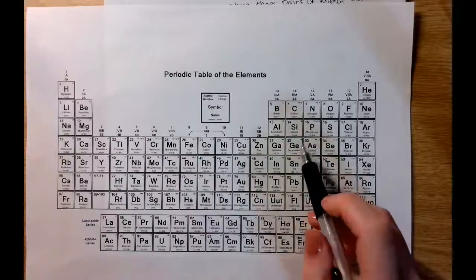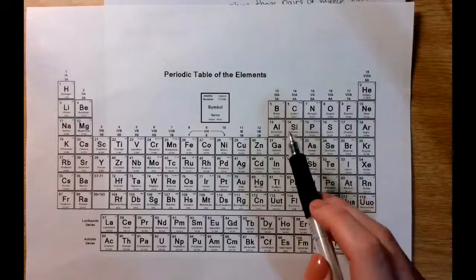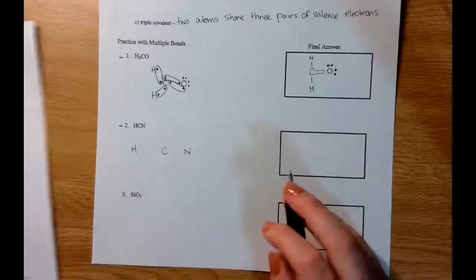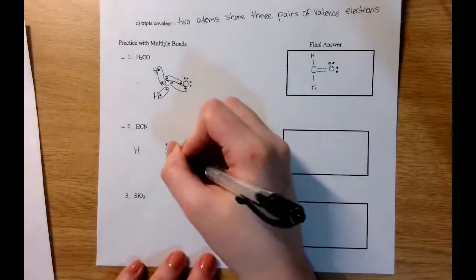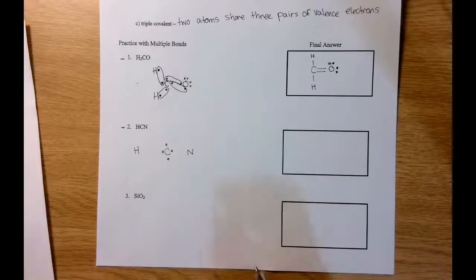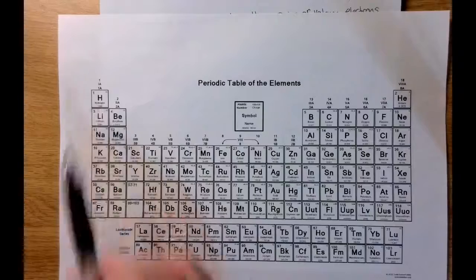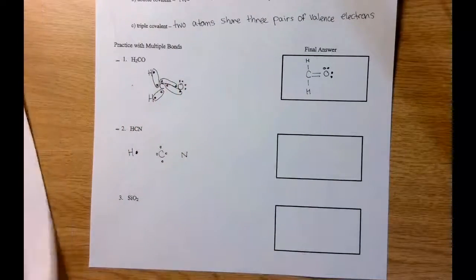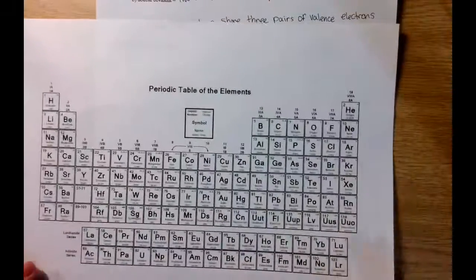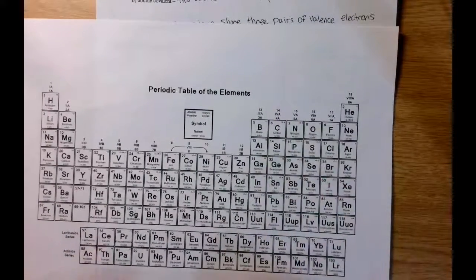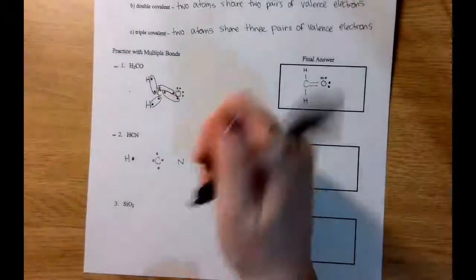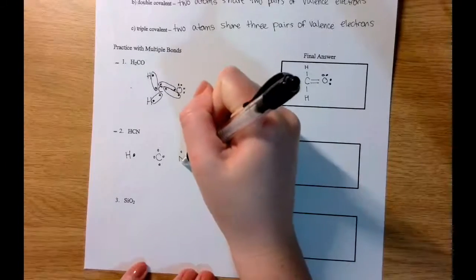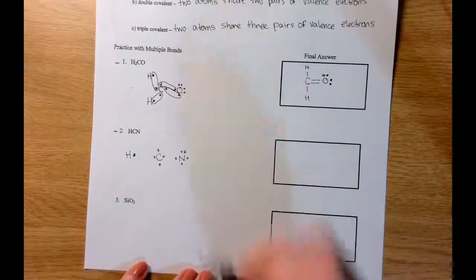Carbon, again, is in group 4A, so it has 4 valence electrons. Hydrogen is in group 1A, has 1 valence electron. Nitrogen is in group 5A, so it has 5 valence electrons.